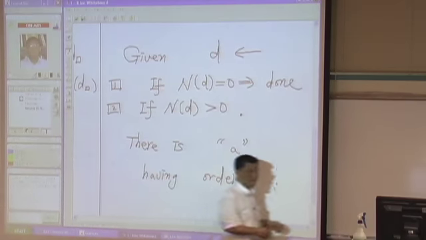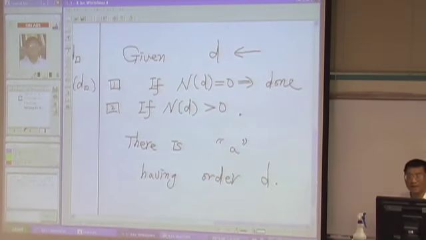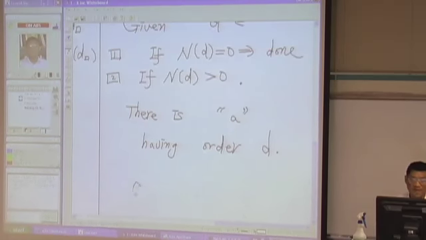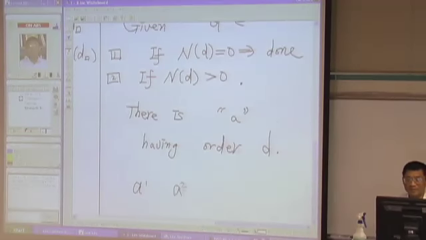Then what is the strategy? With a, I can form incongruent numbers up to d. In other words, a to the power of 1, a to the power of 2, a to the power of 3, all the way up to a to the power of d. So we consider d numbers.